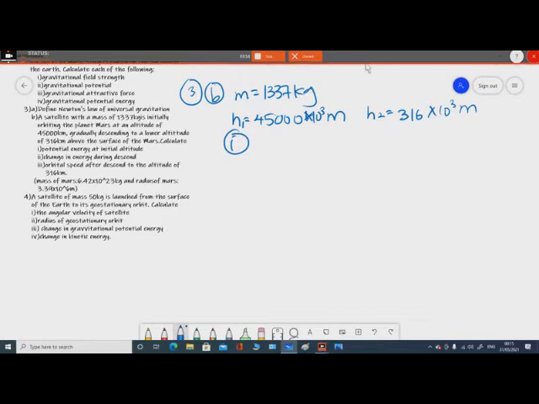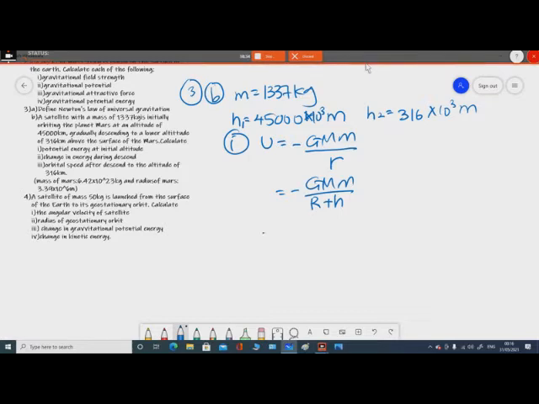We know that U is given as negative GMm over R. But this one indicates the altitude from the surface, so the distance must be added to the radius. So R will change to the radius plus the altitude at which the satellite is located.